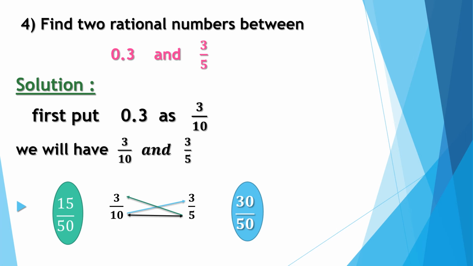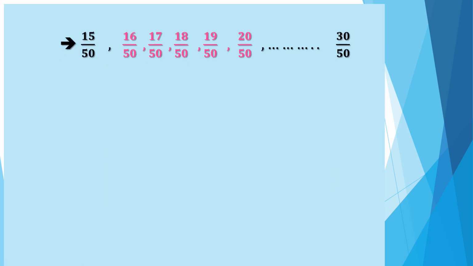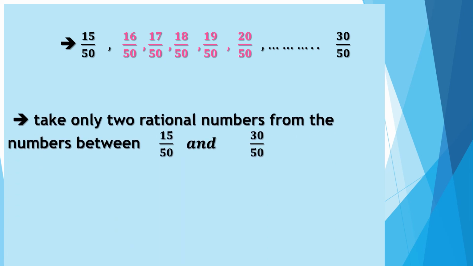We can get only two numbers between them, but there are more than two numbers between 15 and 30. It will be 16 over 50, 17 over 50, and so on till we have 30 over 50. We take only any two numbers of them.